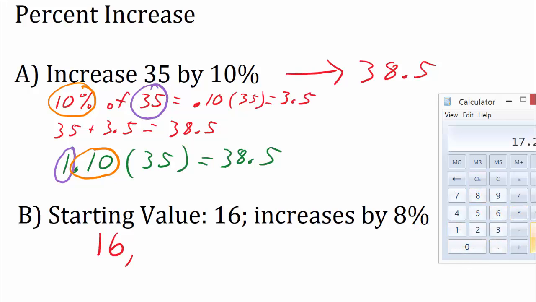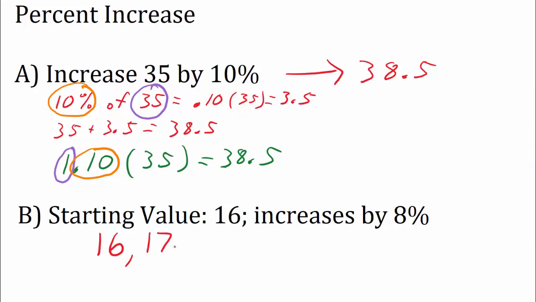So we increase 16 by 8% and get 17.28. We multiplied by 1.08 because 0.08 is the same as 8%, and the 1 includes the 16.